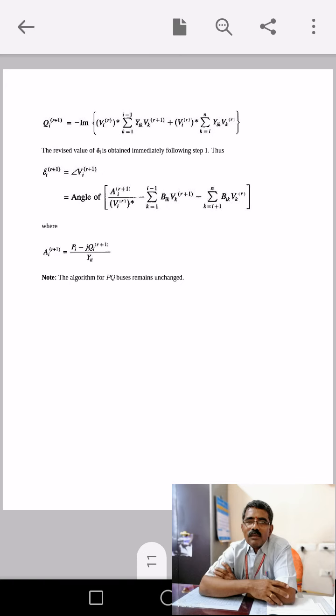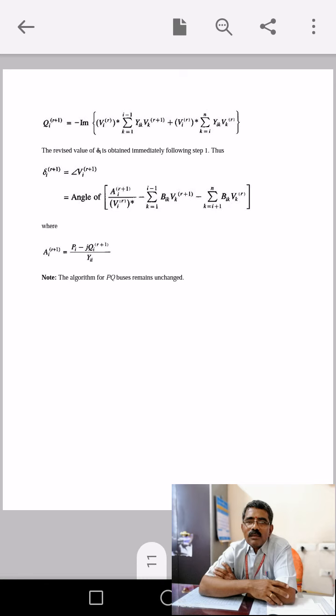particularly when we deal with PV buses, and when you update Q, the Q value should be within the minimum and maximum values. If it falls below minimum, you fix that to minimum value. If it goes above maximum value, fix that to maximum value at a particular bus.